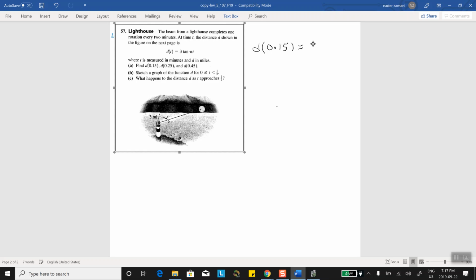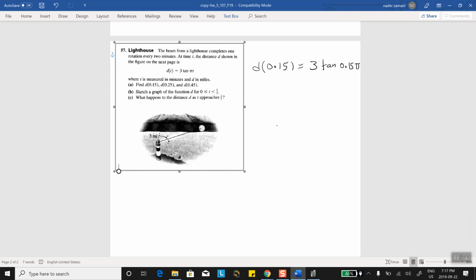So it's going to be 3 tangent of 0.15 pi. Now, this is not the kind of thing that we are supposed to have known, so we have to go to our calculator. And then it's asking about some other values, 0.25 and then 0.45. So I've got to do this with my calculator.